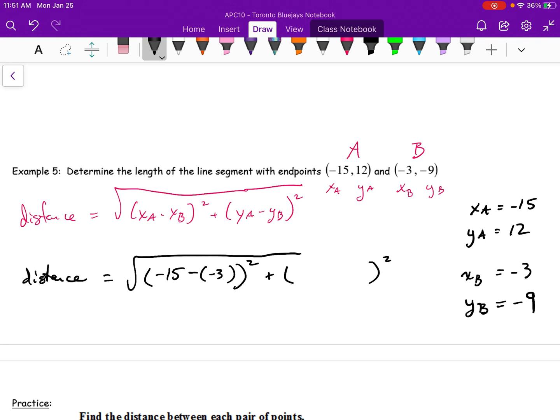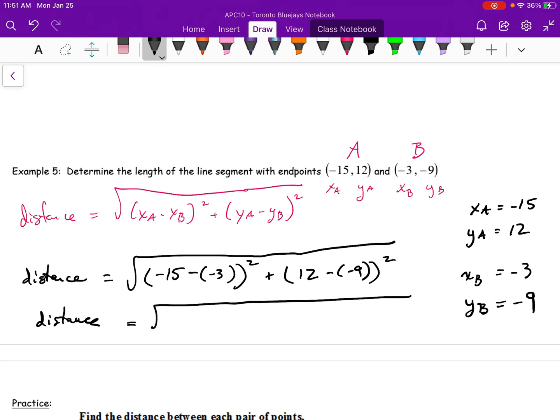Plus, you notice how I write my brackets first, ya, which was 12, minus -9. Now, I should be very careful. -15 minus -3. Remember that subtracting a negative is like adding a positive.